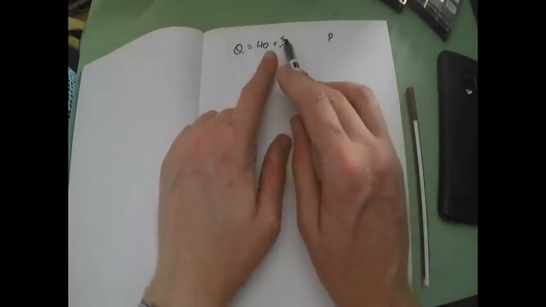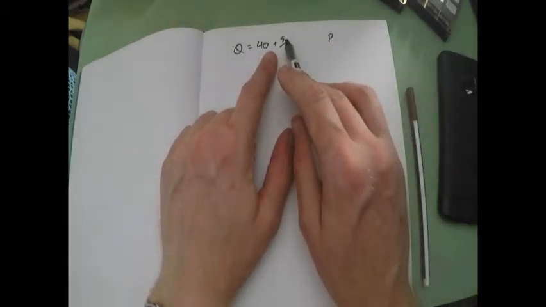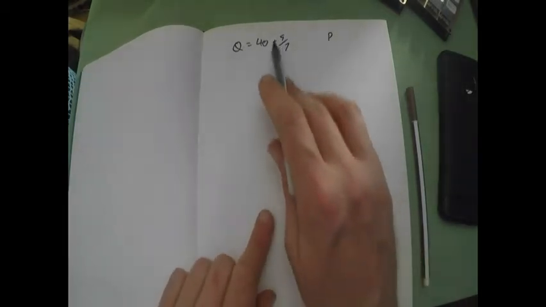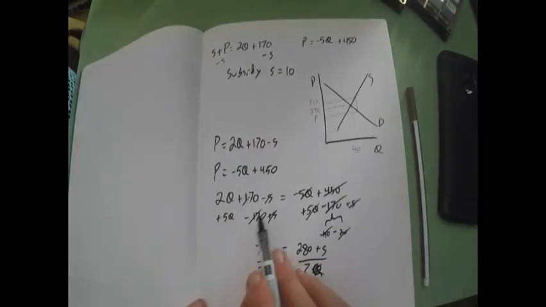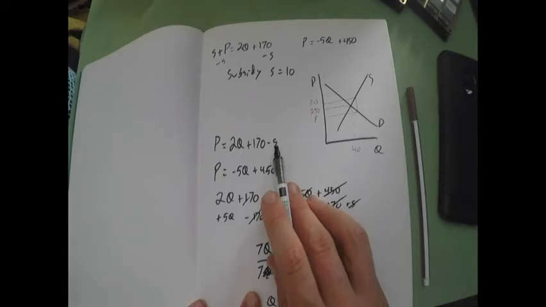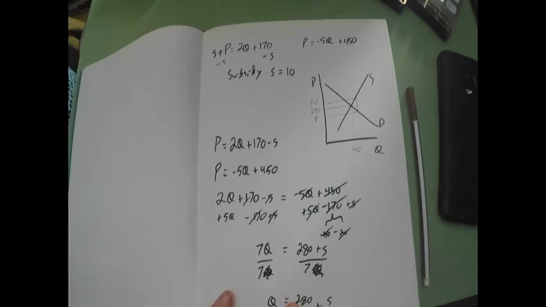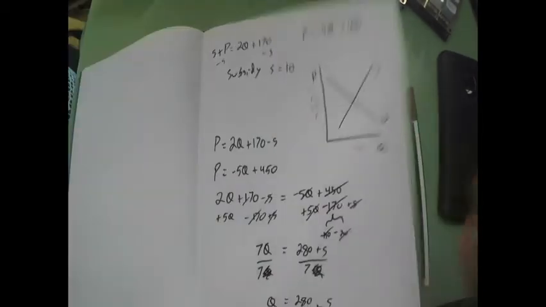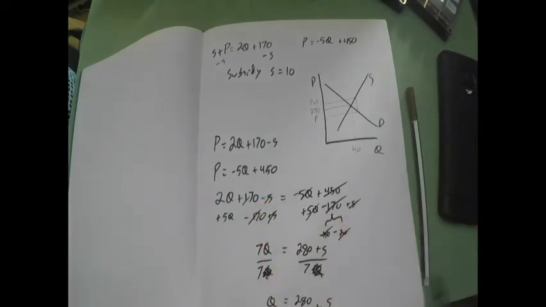So if we give buyers an extra 10 bucks for buying something like a solar panel or whatever, that we get a higher value for quantity means that at the very least we haven't made some obvious mistake, right? If we had a negative sign there, we would want to go back and figure out what went wrong. And in this case, the natural place to look would be with this S, right? So had I added S onto both sides, and then I got minus S over 7, I just go back and say, oh, I shouldn't have added that, I should have subtracted. But in any case, pretty sure this is correct.